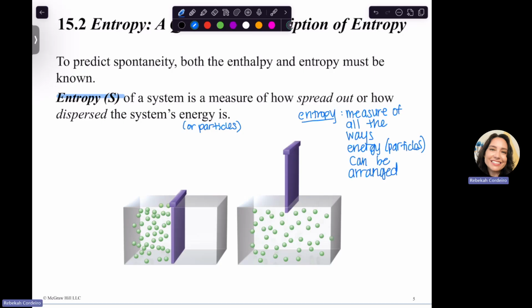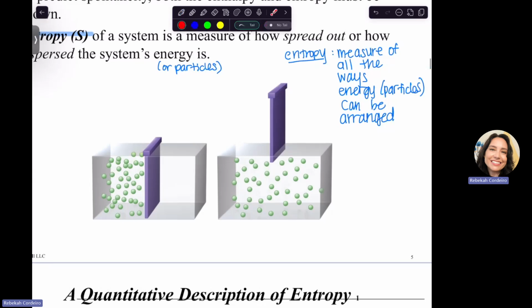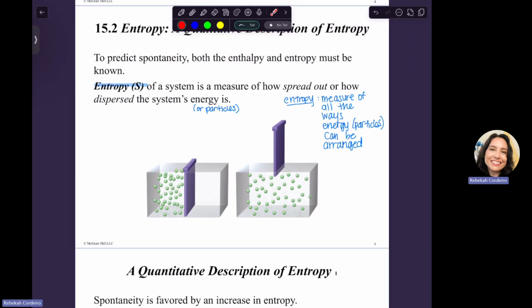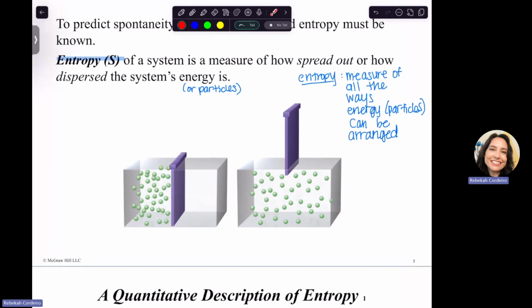So you can imagine if you're in a smaller container, the arrangement of particles is more limited. If we open up to a bigger container, there's more different ways in which we could arrange the particles. So we would have a higher entropy in the second scenario.